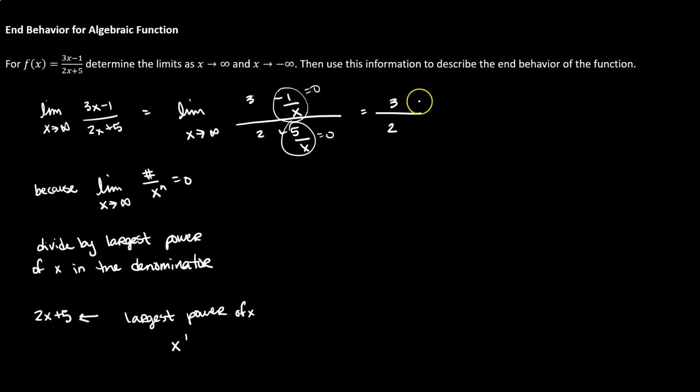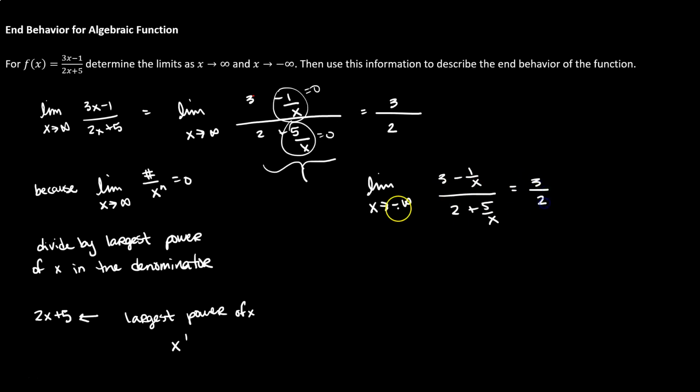We can do the same argument for when x goes to negative infinity. Again, using the function that happens after we divide by the largest power of x, we'll look at 3 minus 1 over x, 2 plus 5 over x. As x goes to negative infinity, 3 over 2 doesn't change.